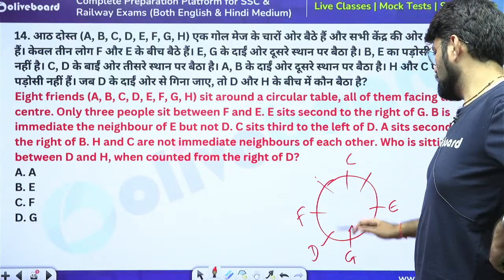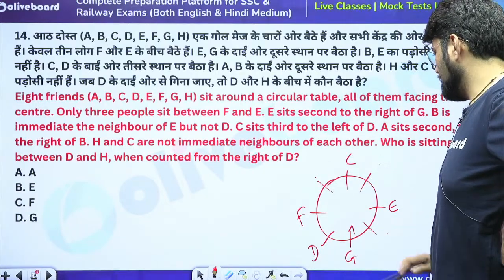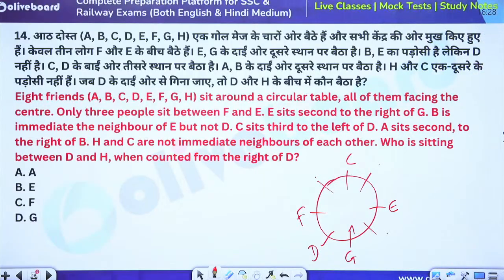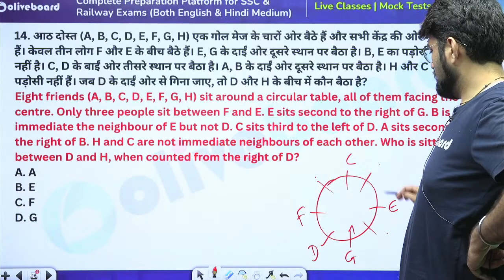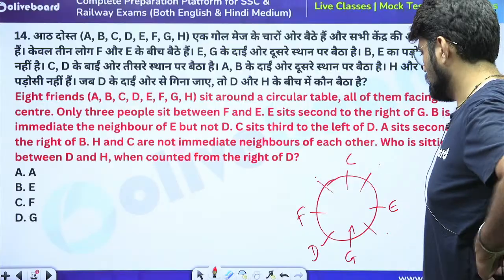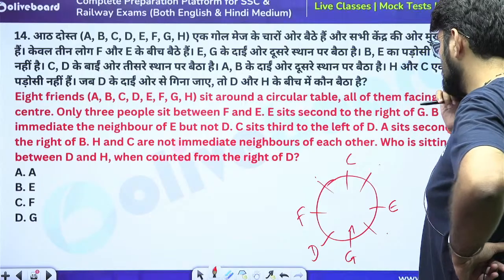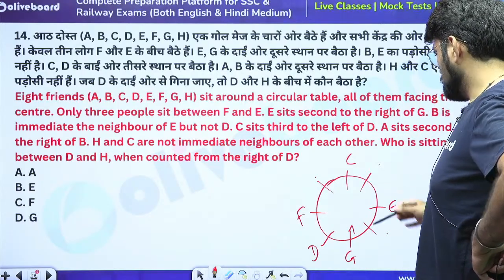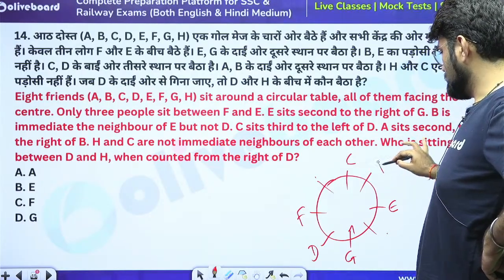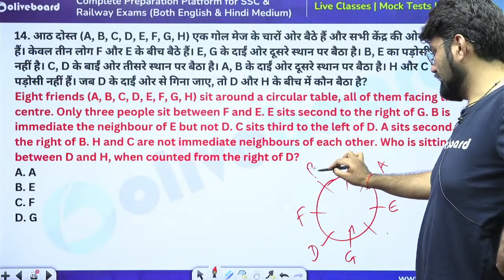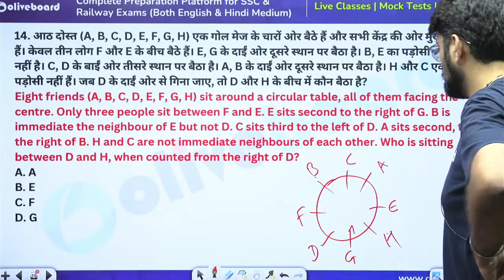Now B is not a neighbor of D, but is a neighbor of E, so B can be any of the places. A sits second to the right of B. Now if this is B, A can sit here, A can sit here also, not a problem. H and C are not immediate neighbors, so H is not here. So A has to sit here, so that B sits here, so that H can sit here, right? Cool.